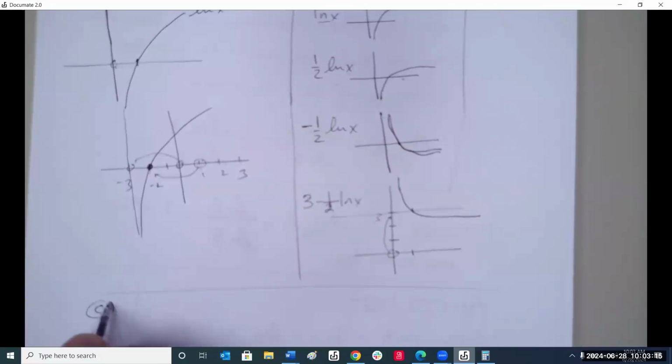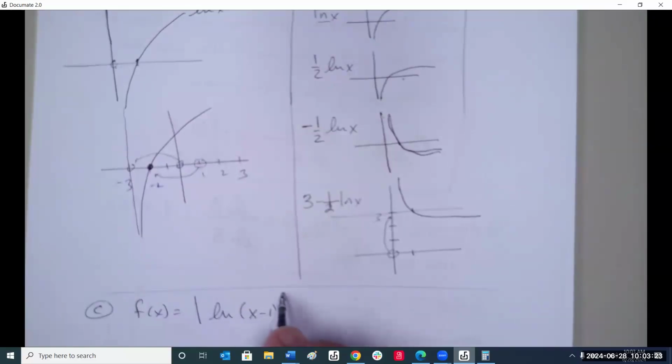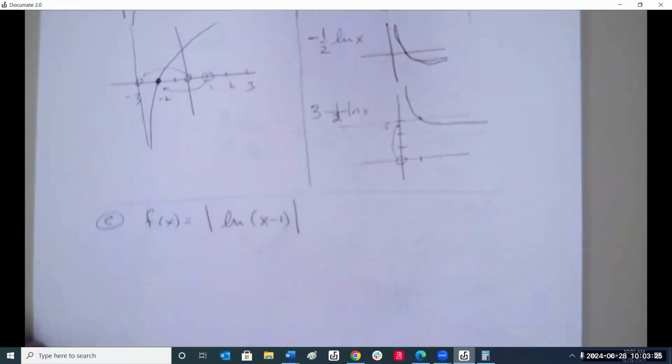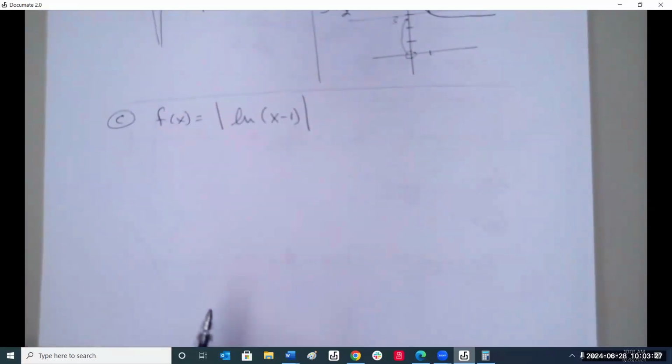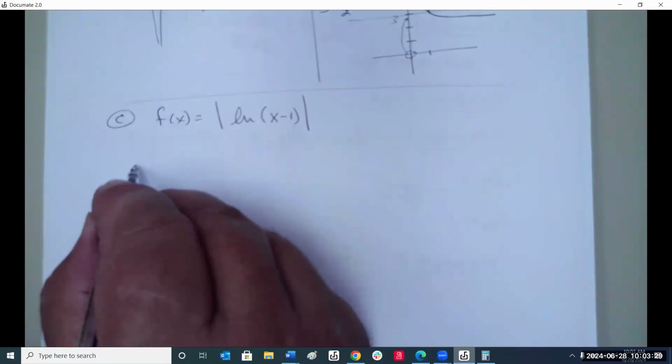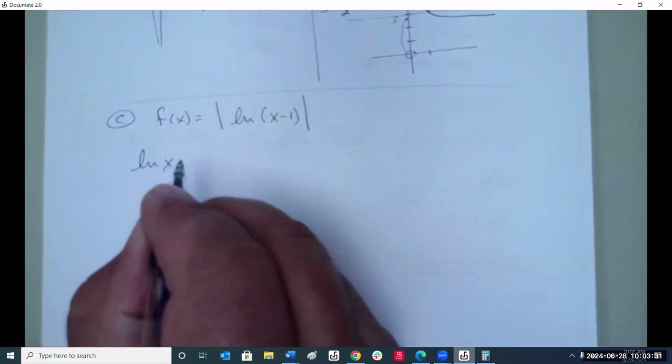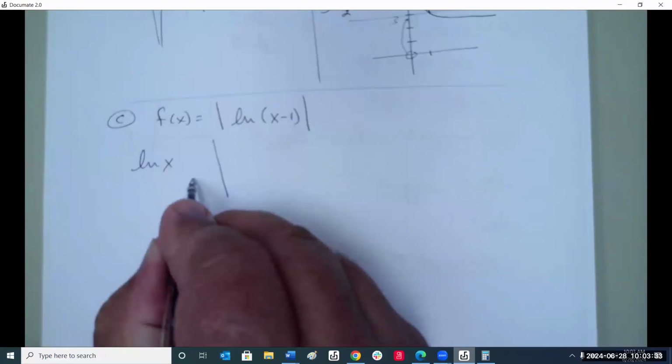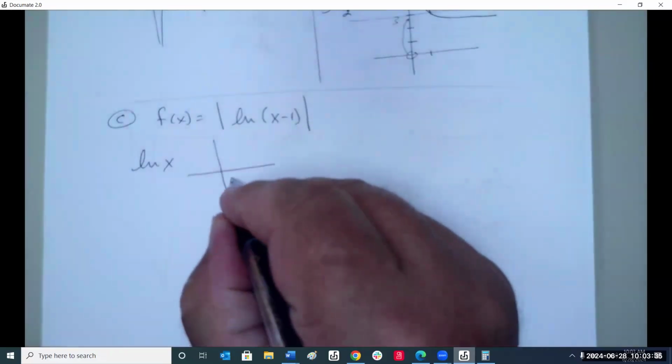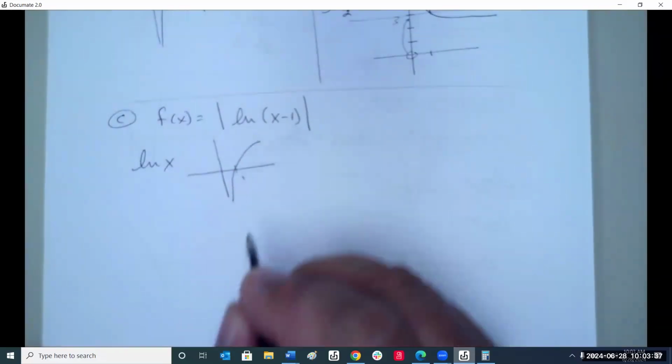Okay, we'll look at the C one here. The absolute value of ln x minus 1. So the first thing is do it piece by piece. It's an ln function. We know the graph of that one looks like this.